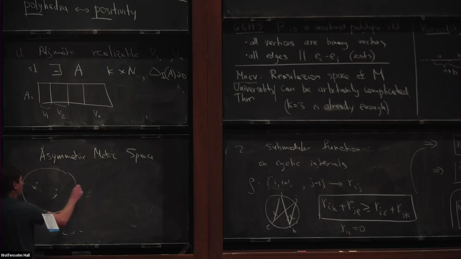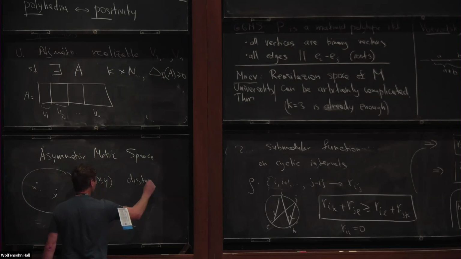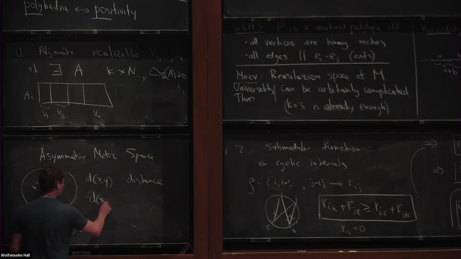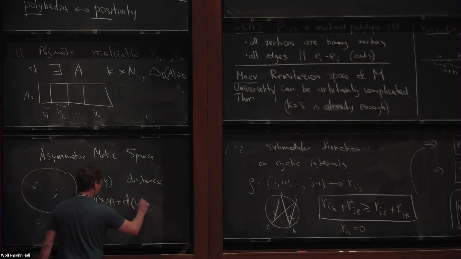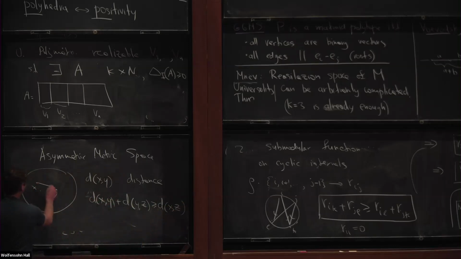For any two points, we have a distance d(x,y), and it satisfies what you would expect from a distance: the triangle inequality, d(x,y) plus d(y,z) is greater than or equal to d(x,z).